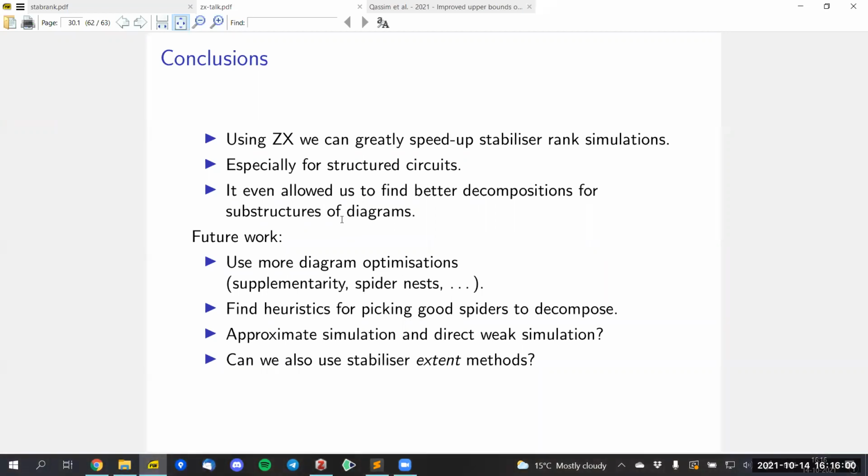I guess if you could do spider nest identities, then it follows that you could also throw it into the Reed-Muller decoder thing. The problem there is the Reed-Muller is really slow. Right.